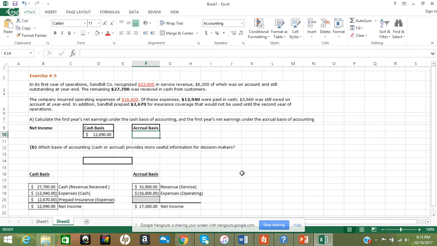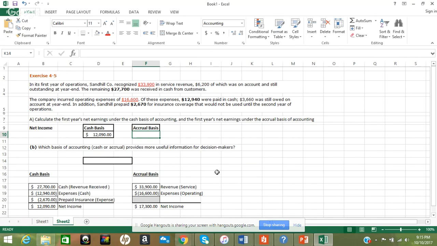So we'll look at the accrual basis. In the accrual basis of accounting, transactions that change a company's financial statements are recorded in the periods in which the events occur, such as when the revenues are recognized and when the expenses are incurred. So it's a little bit more all-encompassing of the financial activity of the company.